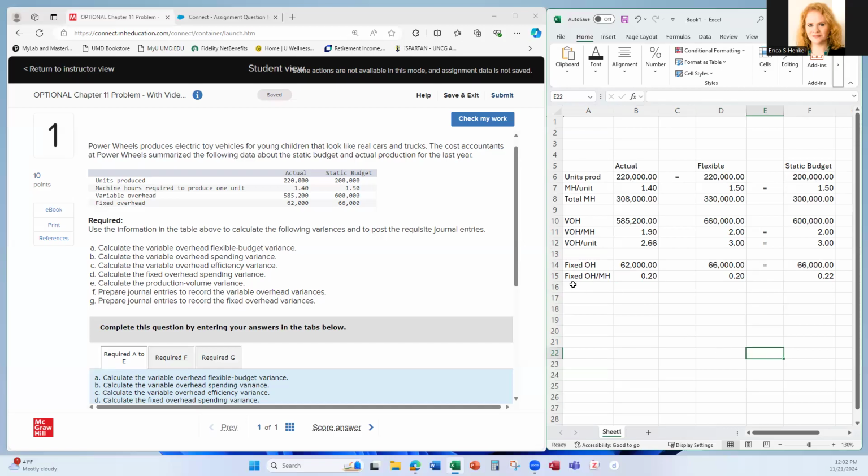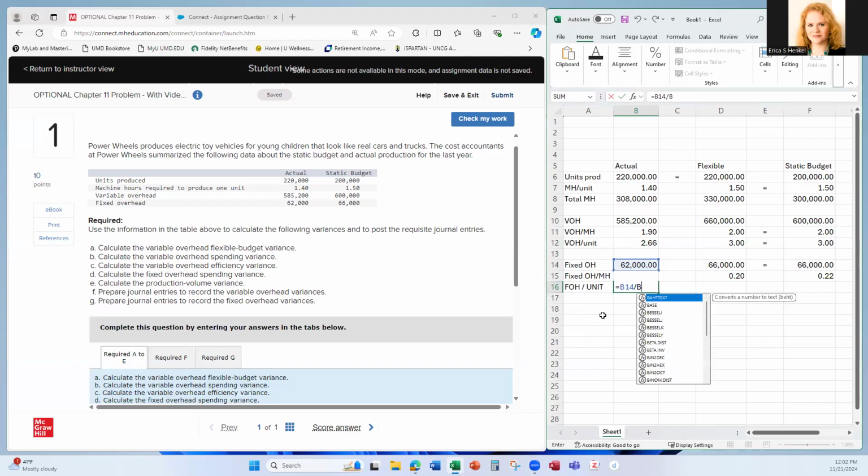And then I'll put fixed overhead per unit, right? So the earlier one is per hour, this one's per unit. So again, taking the fixed overhead dollar amount divided by the number of units.